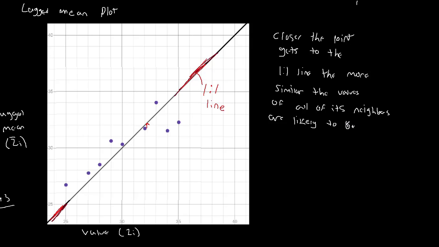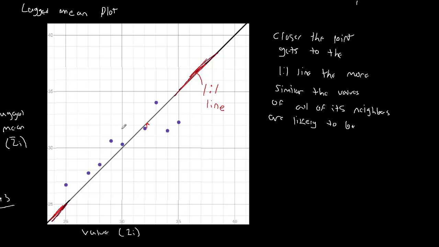Let me state that again because my handwriting got kind of bad. The closer the point is to this one-to-one line, the more similar the values of all of its neighbors are likely to be. Because in order to be on the one-to-one line, you have to have the same value as the average of all of your neighbors.